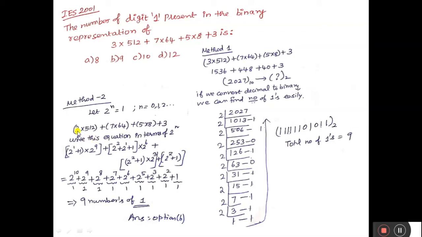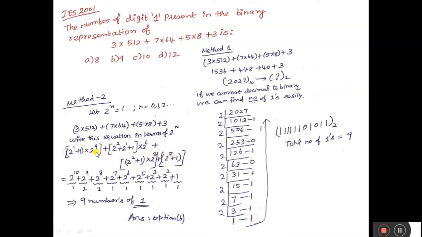So 3 I can write as 2 power 1 plus 1. 2 power 1 is 2 plus 1, into the 512 I can write as 2 power 9, plus the 7 I can write as 2 power 2 plus 2 power 1 plus 1. So 4 plus 2 plus 1 total is 7, into the 64 I can write 2 power 6. Similarly the 5 I can write as 2 power 2 plus 1, that is 4 plus 1, and this 8 I can write as 2 power 3, plus the 3 I can write as 2 power 1 plus 1.